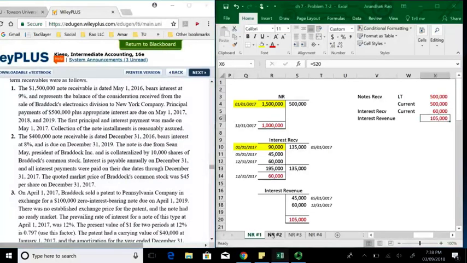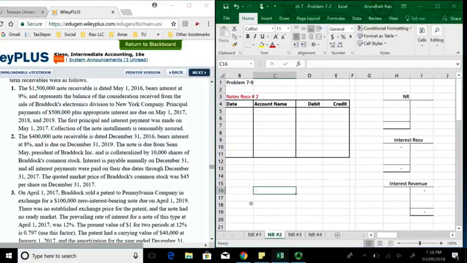So let me get to my second sheet that deals with the second notes receivable. So I have a $400,000 note receivable that is dated December 31st, 2016. It bears interest at 8% and is due on December 31st, 2019.